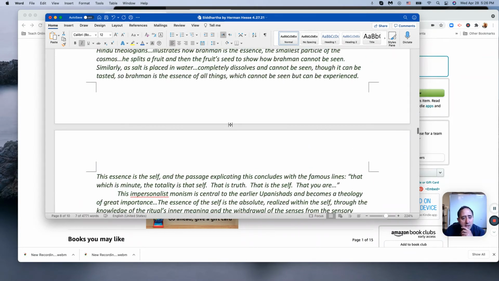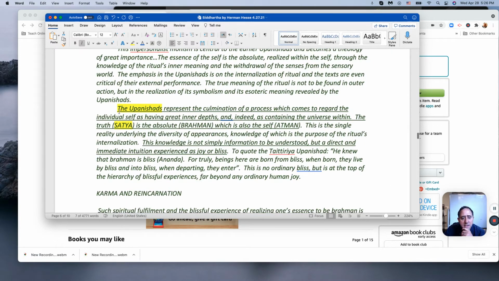So, what are the Upanishads? The Upanishads represent the culmination of a process. It's this process which comes to regard the individual self as having great inner depths. The truth, or Satya, truth is Satya, and Satya is God. God is truth.